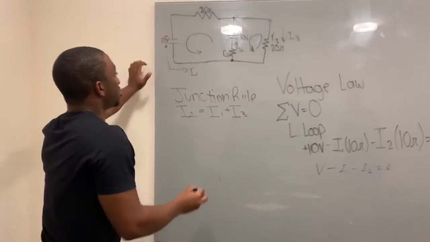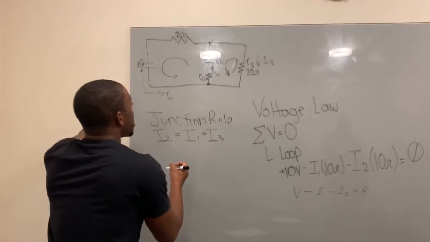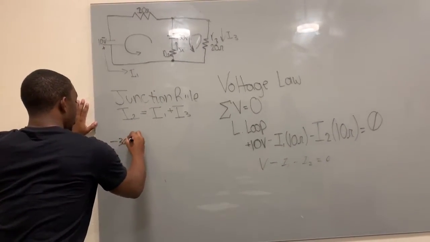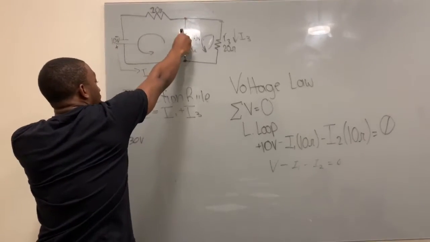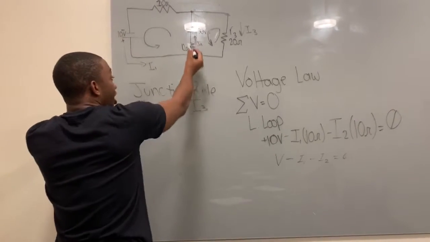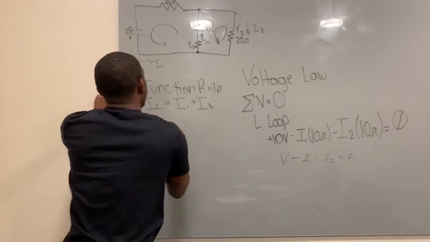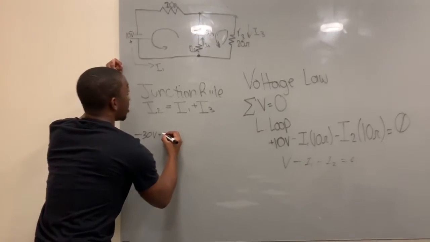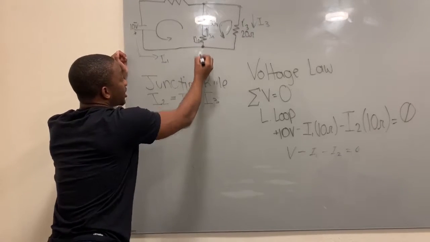So, back to the right loop. We're going to have a negative 30 because you're going down on the EMF, going on the negative side of the EMF. You're going to have negative 30 volts plus I2 times 10 ohms.